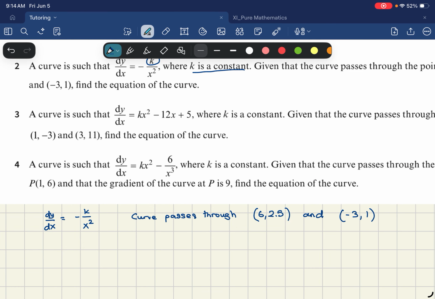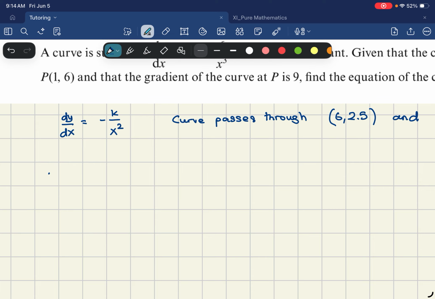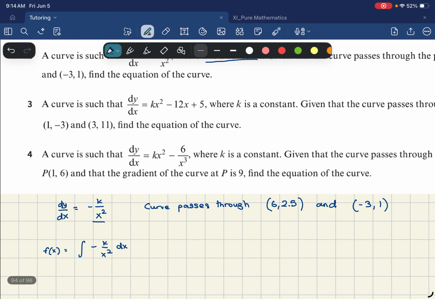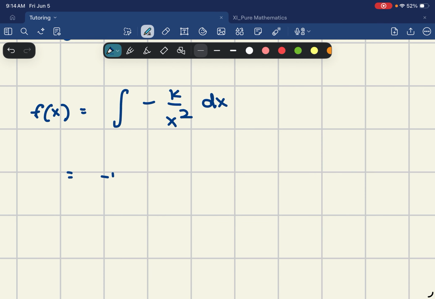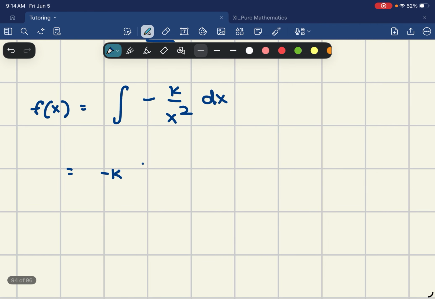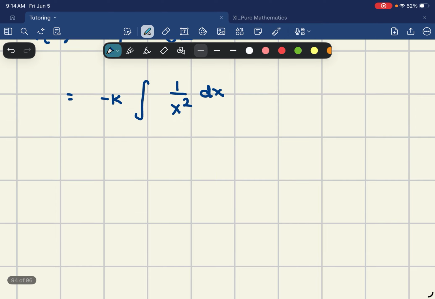All right. So now we need to find f of x, and that is going to be the integral of this expression with respect to dx. Remember, k is a constant, so you can factor out the negative sign and the k and just integrate. So you have minus k times the integral of x to the power negative 2 dx.